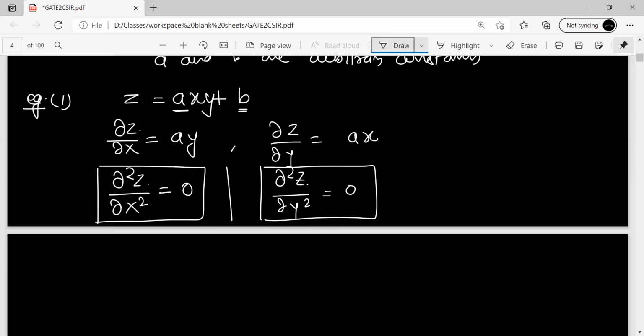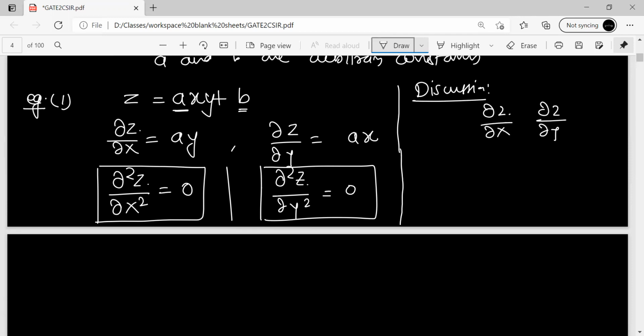Let me discuss a case here. If I have del z over del x and del z over del y, because z is a function of x and y, then this z is my dependent variable, and x and y are independent. Whenever you are eliminating arbitrary constants, please do write this.